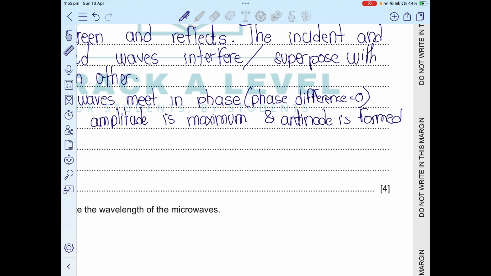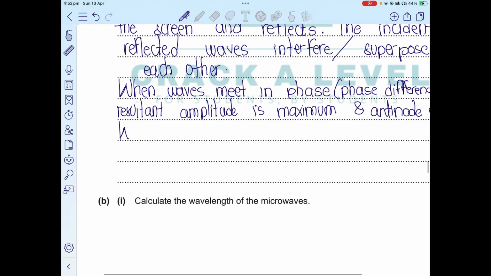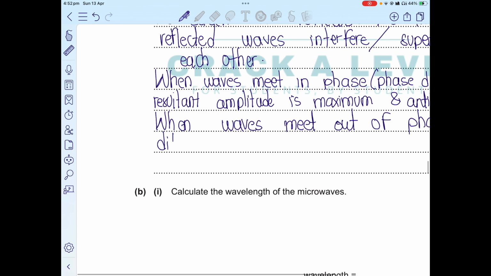Now, what about a node? A node is a point where the amplitude is a minimum. When the waves meet out of phase, the phase difference is 180 degrees.